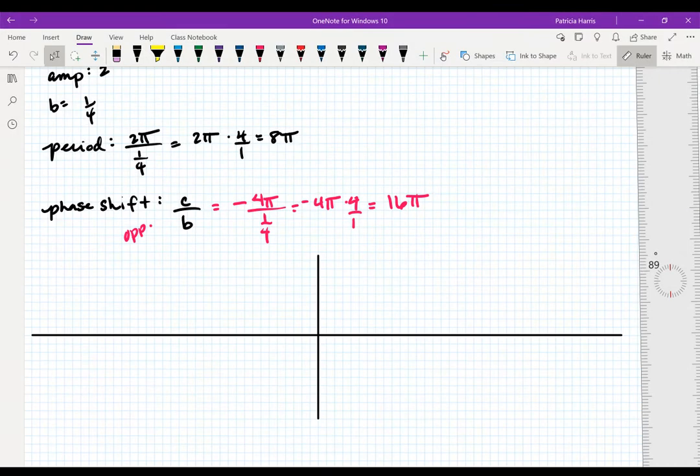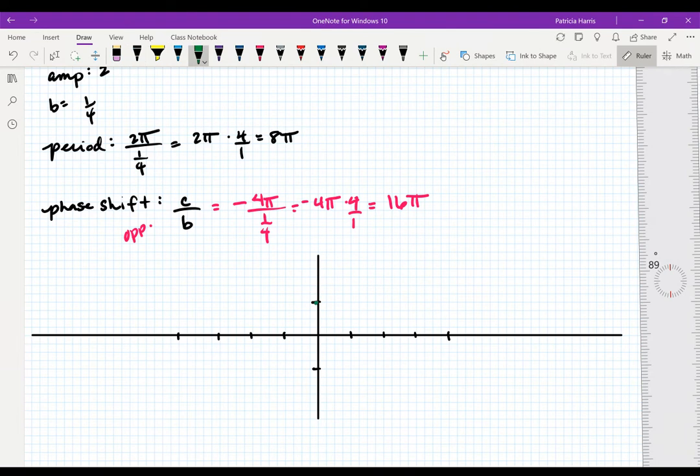Okay, so I'm going to start with just my tick marks. Okay, cosine. So cosine starts up here.